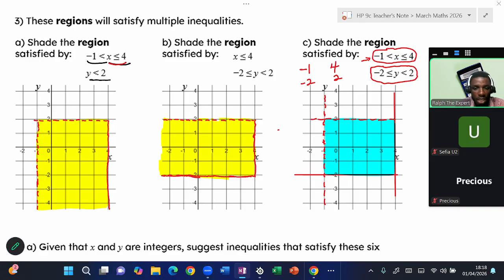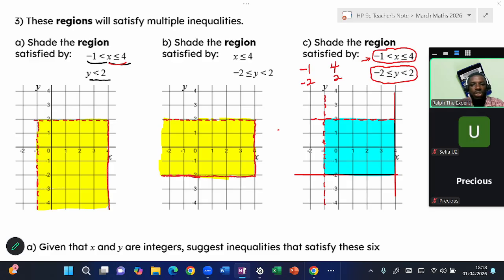When we get to -1, we look at the symbol. That's a less than symbol, with no equal to under the sign, so we use a broken line. And x equals 4, that symbol has an equal to, less than or equal to, so we use a solid line.